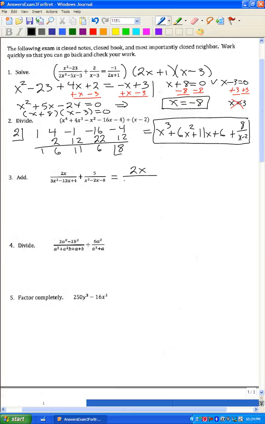This factors into 3x minus 1 times x minus 4, plus 5 over, this factors into x minus 4, x plus 2. And so the least common denominator here is 3x minus 1, x minus 4 times x plus 2.